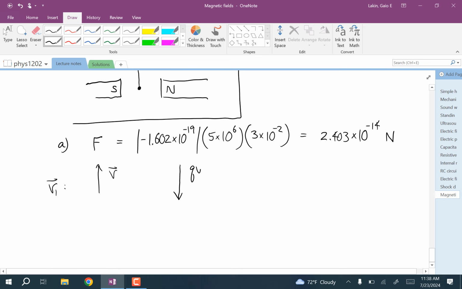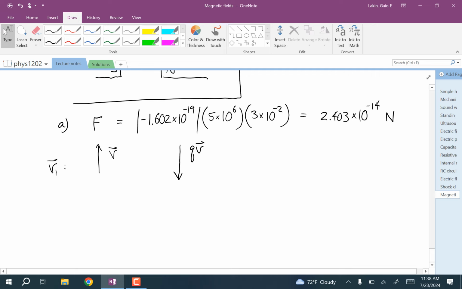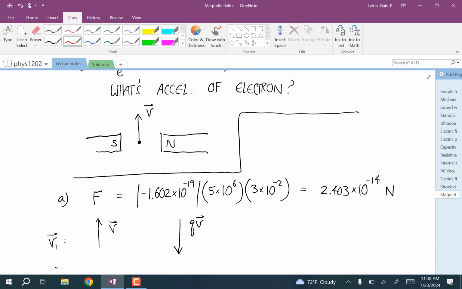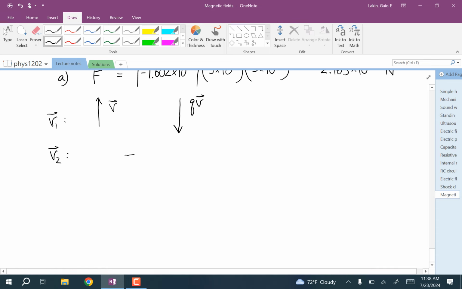So here is our Q times V. If this had been a proton, then Q times V's direction would be the same as V, because the charge is positive. And now our second vector is the magnetic field vector. Well, we know that the magnetic field vector always goes from north to south pole. So our B vector is like this.